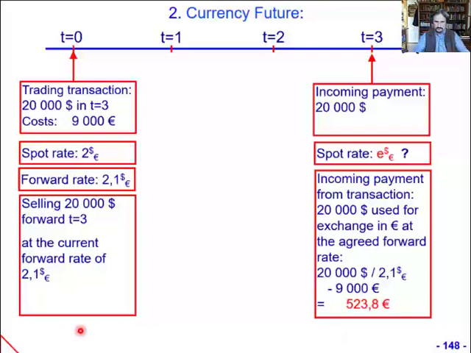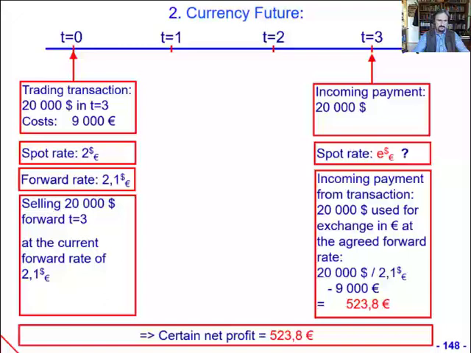This yields a certain euro sales income of 9,523, which equals a certain net profit of 523.8 euro. So again, here we have gotten rid of the exchange rate risk and have a certain profit, which we already know at this point in time when we decide whether to make this deal or not.